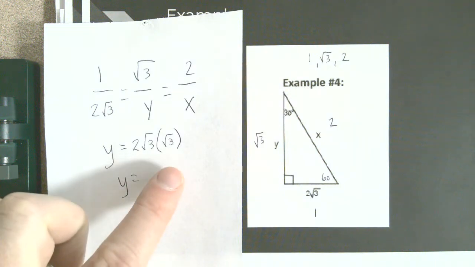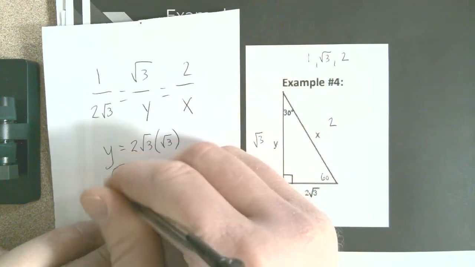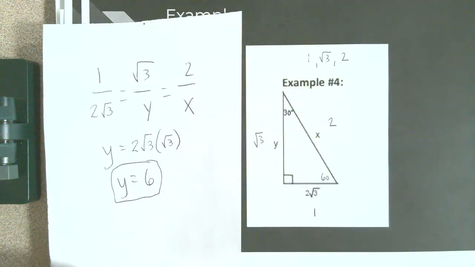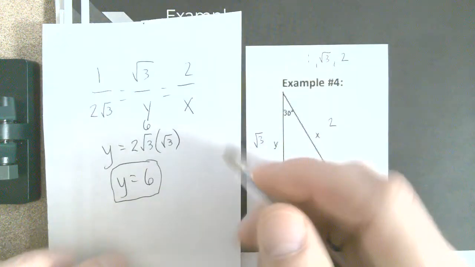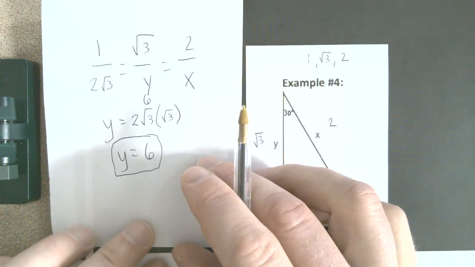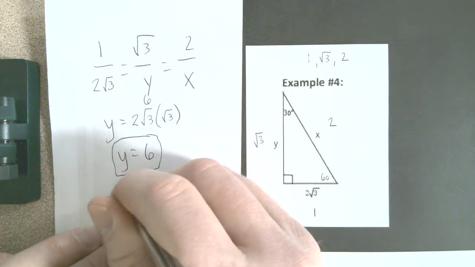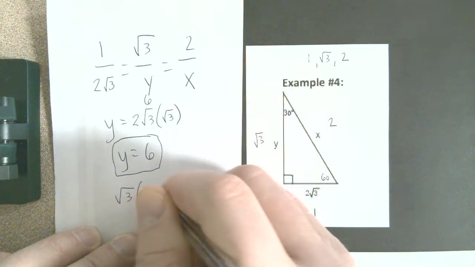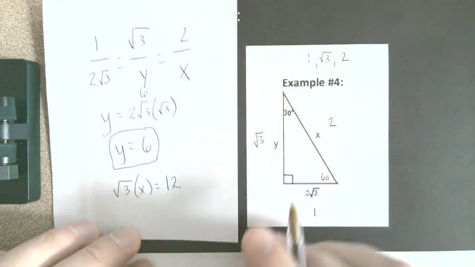So radical 3 times radical 3 is 3. 3 times 2, so y is going to be 6. So I now have my longer leg. I'm going to fill in 6 here where the y is so I can do the other ratio. So radical 3 times x equals 6 times 2, which is 12.